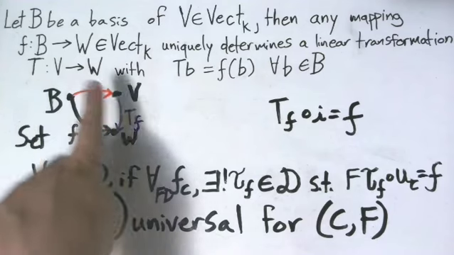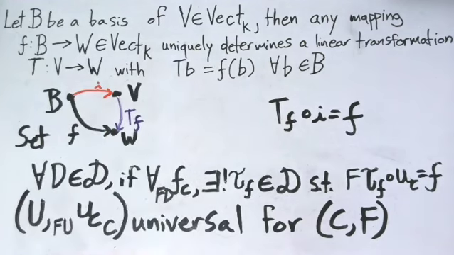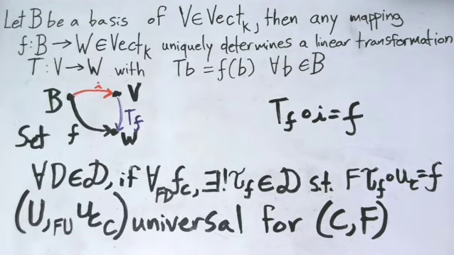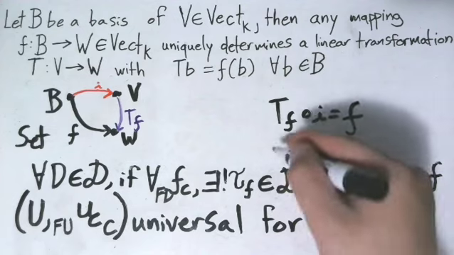So that means if we include these vectors into V with themselves, then they need to map to W in the exact same way. And that can be expressed by this equation.